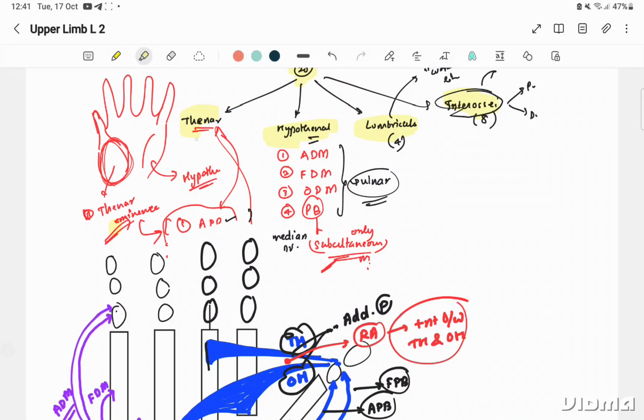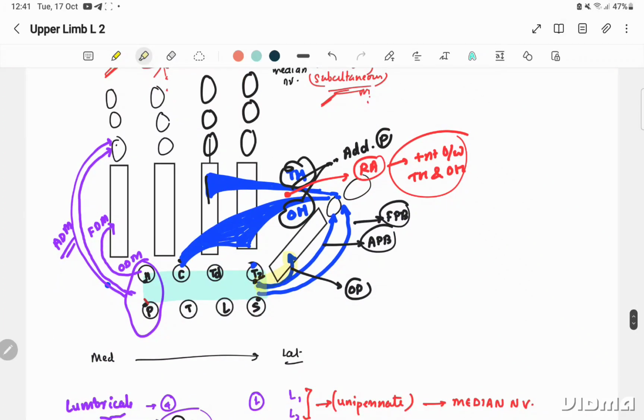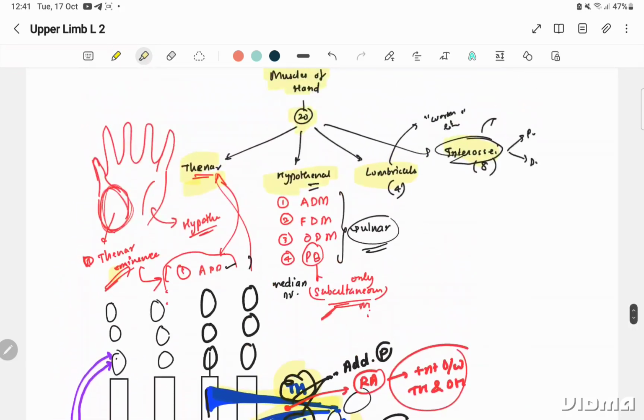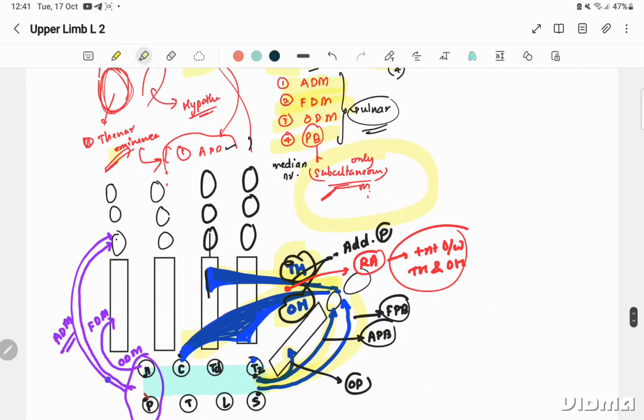We have abductor pollicis brevis, flexor pollicis brevis, opponens pollicis, and the big muscle adductor pollicis, which has transverse and oblique heads. Then we have the hypothenar muscles: abductor digiti minimi, flexor digiti minimi, opponens digiti minimi, and palmaris brevis, the subcutaneous muscle.